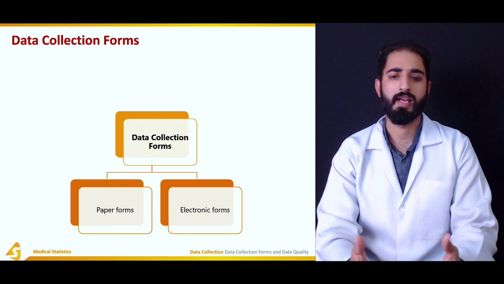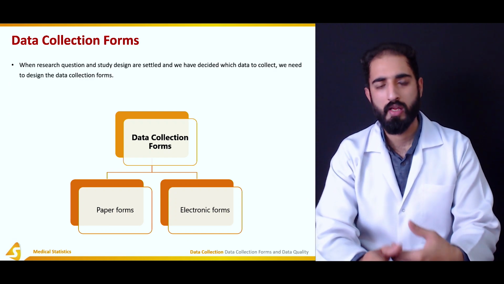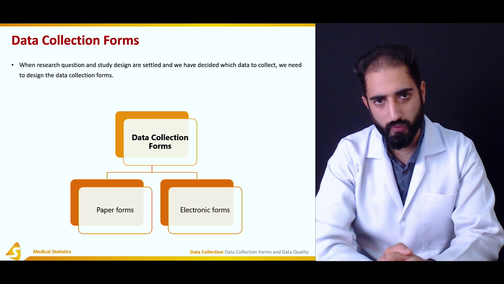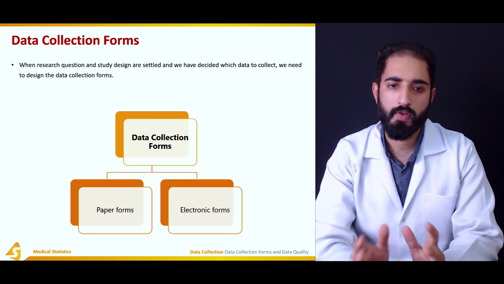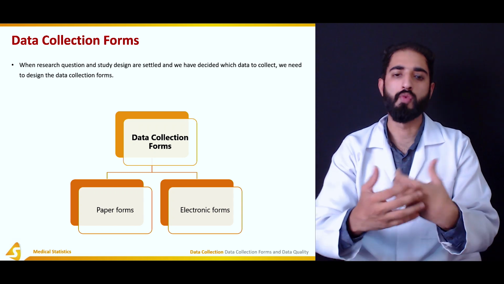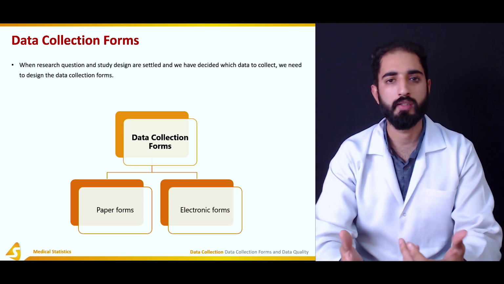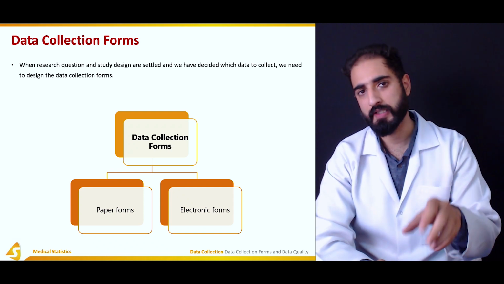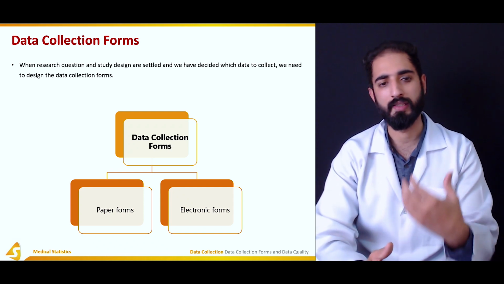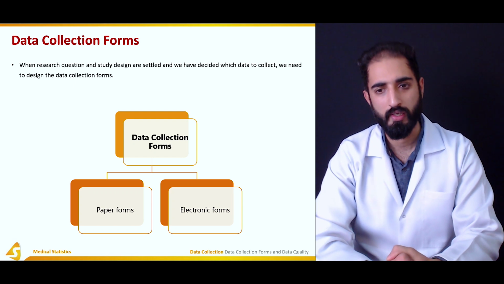Data collection forms, as the name identifies, whenever we are about to conduct a research. First of all, we come up with a research question, which is the objective of our study. Afterwards, we choose the specific and suitable study design that suits our research question.